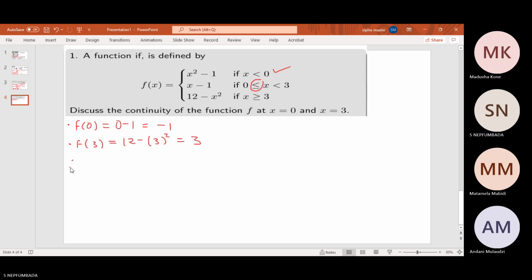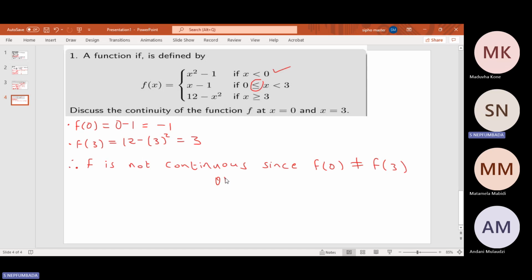Therefore, you are going to say what? f is not continuous, right? Since f at 0 is not equal to f at 3.